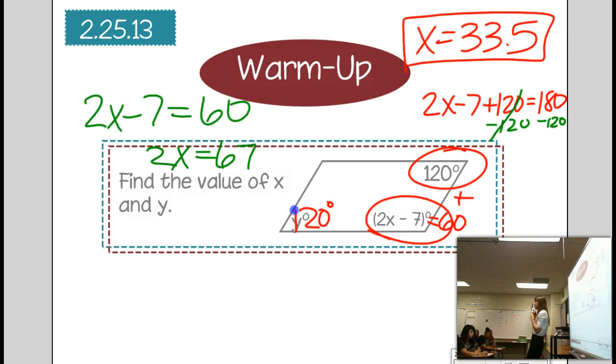No. Step one. You add them. Kendall was trying to say, you add this plus this to equal 180 because consecutive angles are supplementary. They're not equal. You don't set them equal, the green ones. You add them to equal 180. That's one of your properties on your chart. Consecutive angles are supplementary.